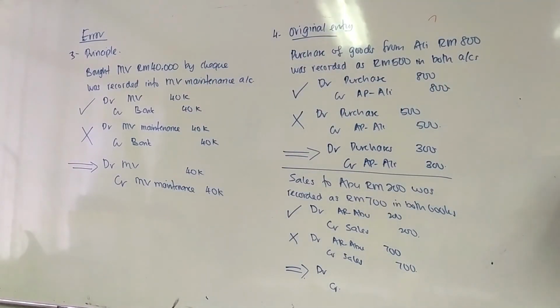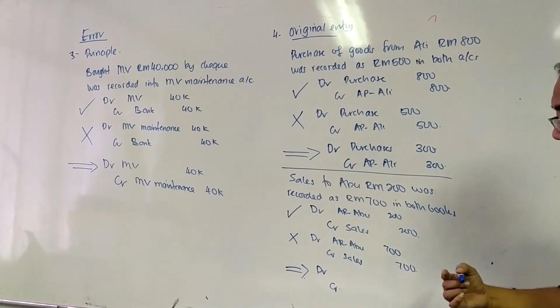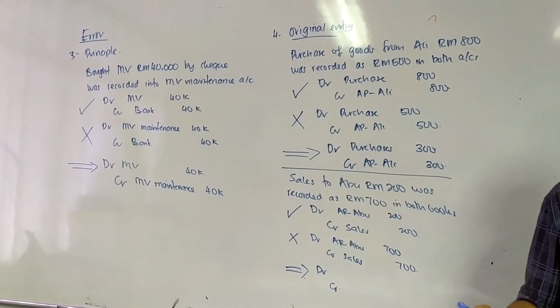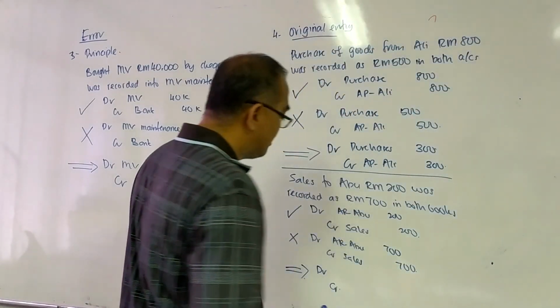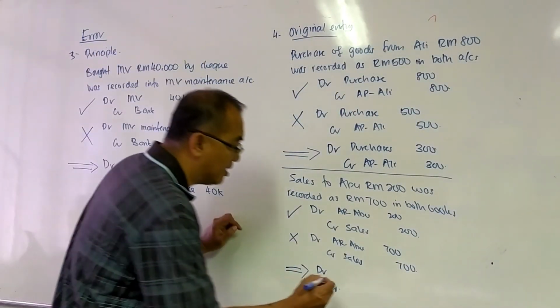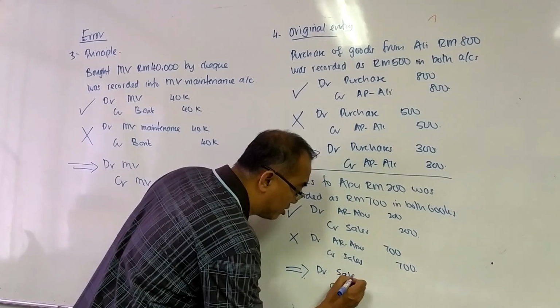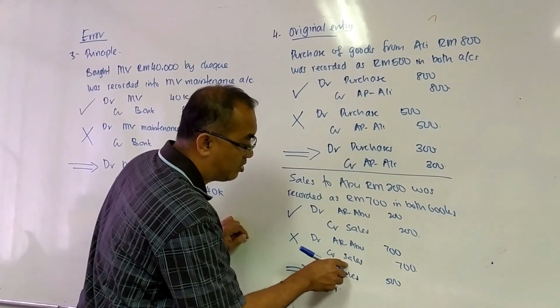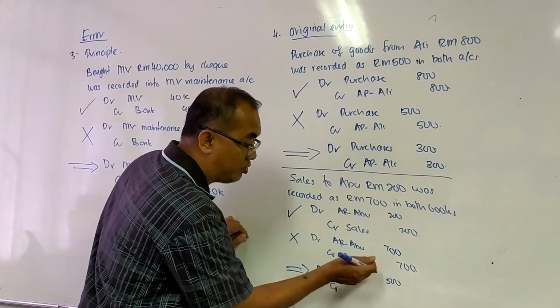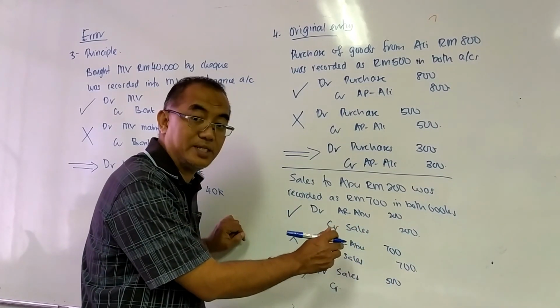So you have to reduce. By how much? 500. So how do you do this? Debit sales 500, because just now your sales is 700, so to reduce you go to the opposite.